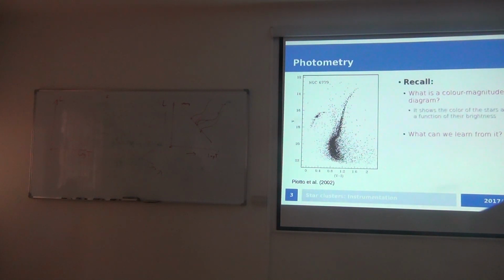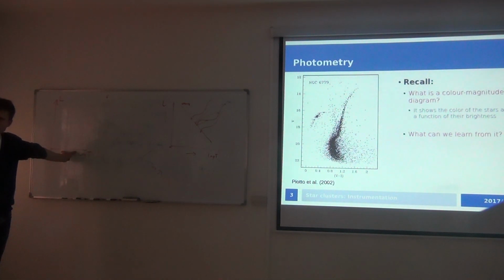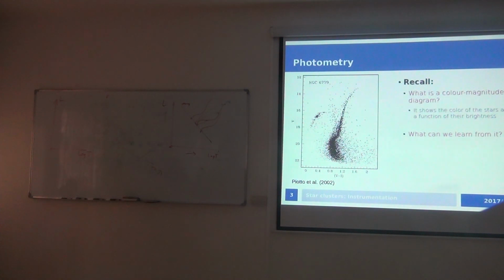But this doesn't go the right way, right? So this goes up and to lower temperatures. No, so temperature is increasing from here to here. It's the same as with the Hertzsprung-Russell diagram that Randa talked about. Temperatures are lowest in the red part, on the right, and highest in the left part. But we don't see any main sequence here.